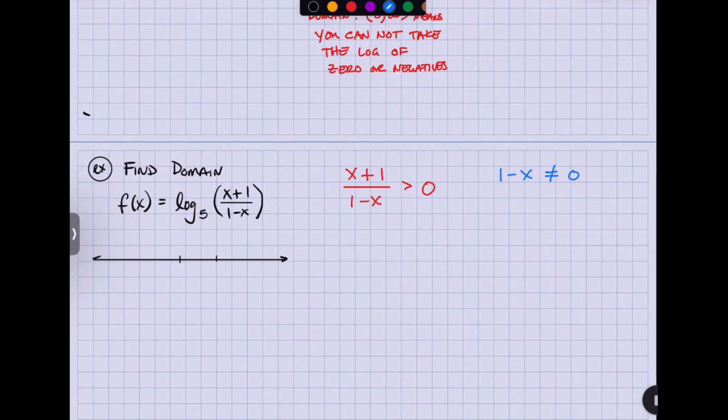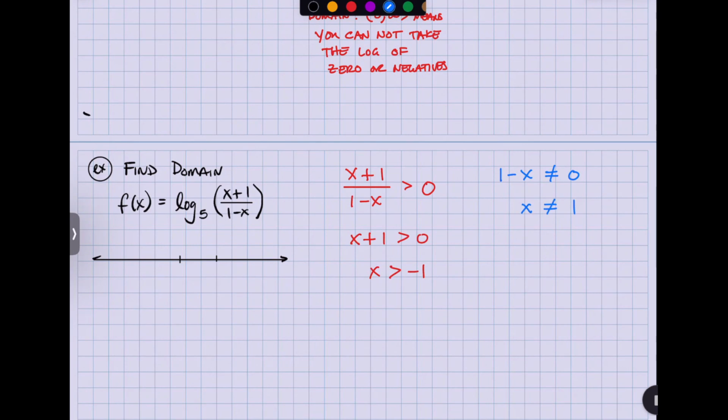When is a fraction equal to 0? When the numerator is equal to 0. So that means that x plus 1 has to be greater than 0. That means x has to be greater than negative 1. I know that fact. The other fact is that x cannot be 1.